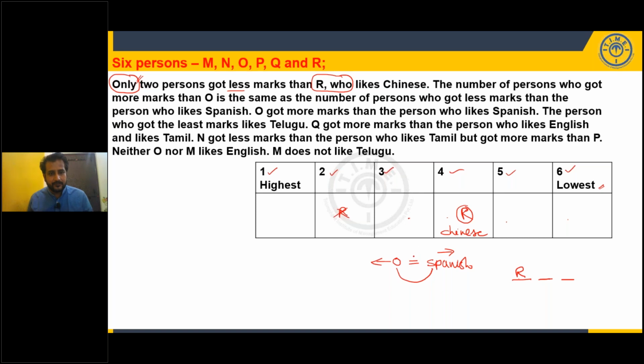Before O should be same as after Spanish, but between these two, who scored more marks and who scored less marks, that is not given. We don't have comparison regarding that.